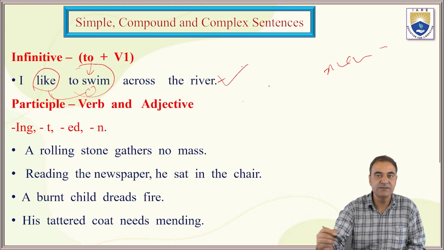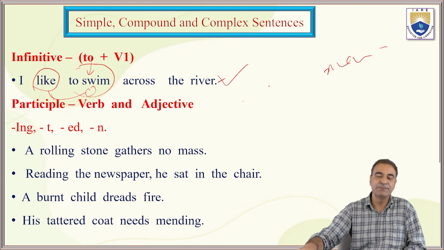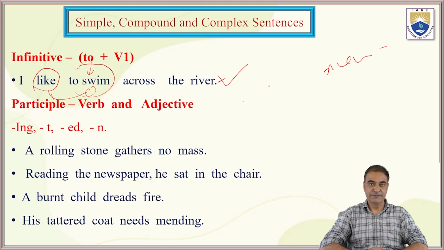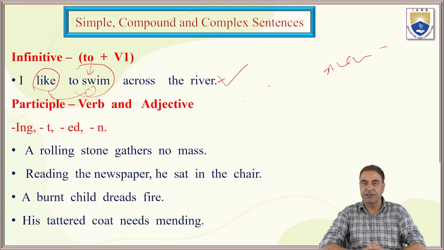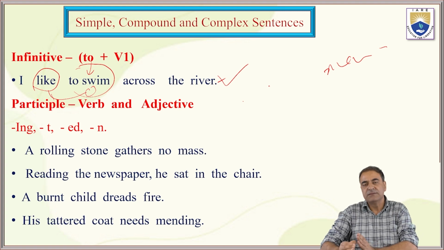Now, here in the first sentence, it's I like to swim across the river. It's a simple sentence because it carries only one finite verb. And then we have the participle. Participle, again, is a non-finite verb that at times behaves like a verb and an adjective, which means at times it has the nature of both a verb and an adjective.